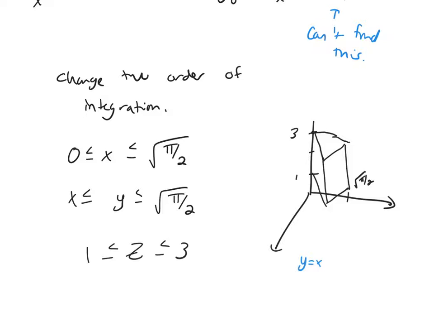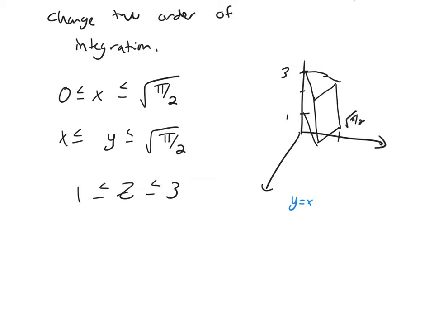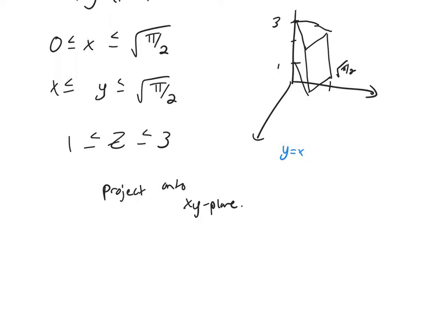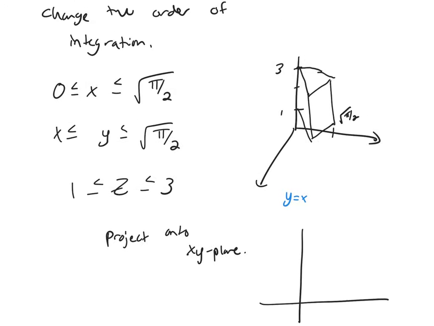So what I'm going to do is project this onto the xy plane. If I look at the portion that's on the xy plane, that means I'm just looking at these two bounds here.